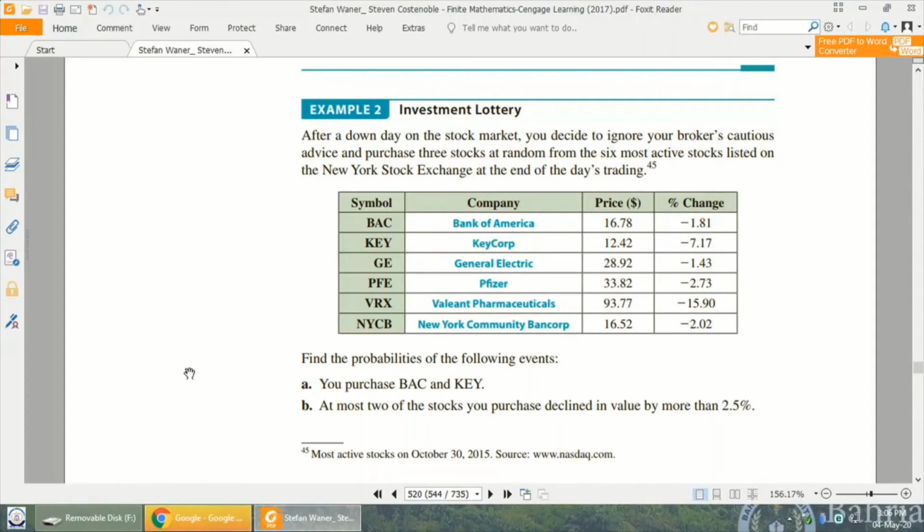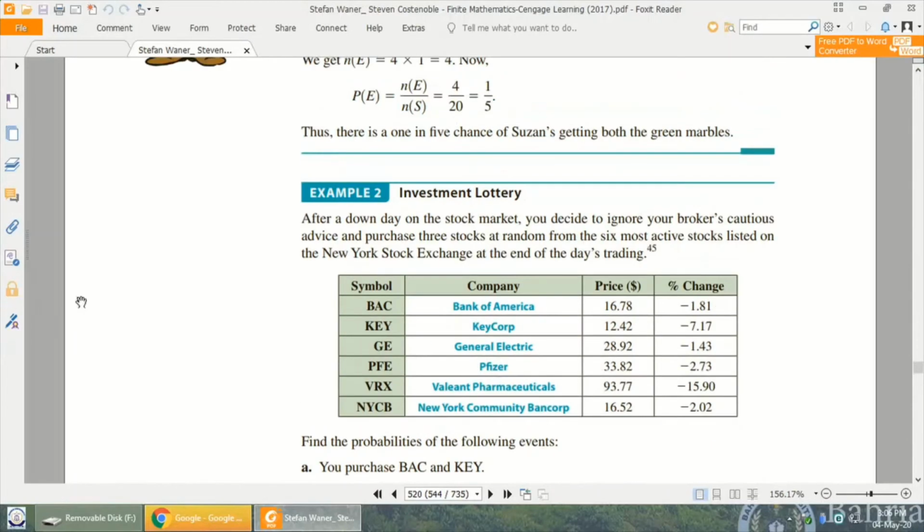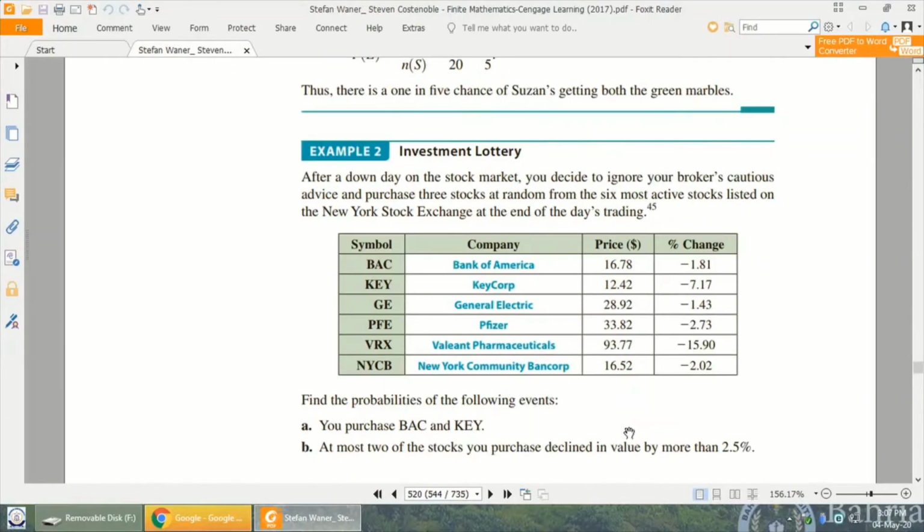So at most 2 of the stocks would mean either 0 stock, 1 stock, 2 stocks, right? But at least would be all 3 stocks. So for all 3 stocks, if they are to be declined by more than 2.5%, then you can just say that it exceeded by 2.5%.